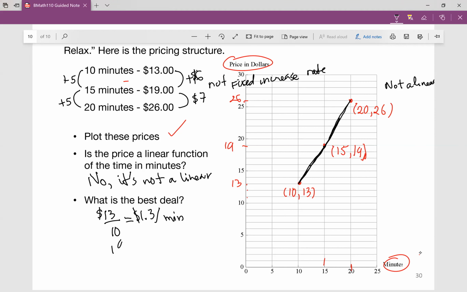If you use $19 divided by 15, you will see that you actually pay around $1.27 per minute. And if you use $26 divided by 20, you will get 1.3 again.